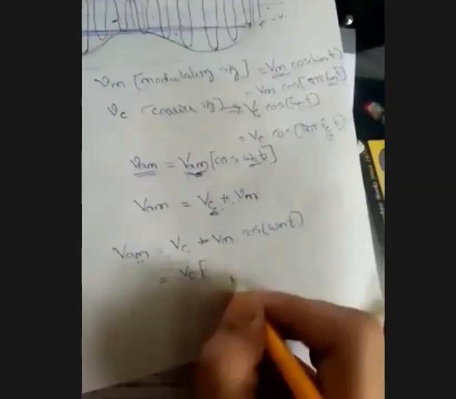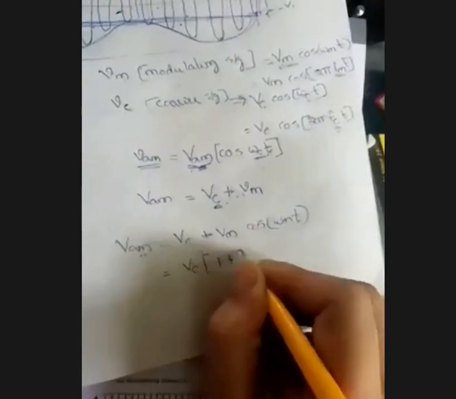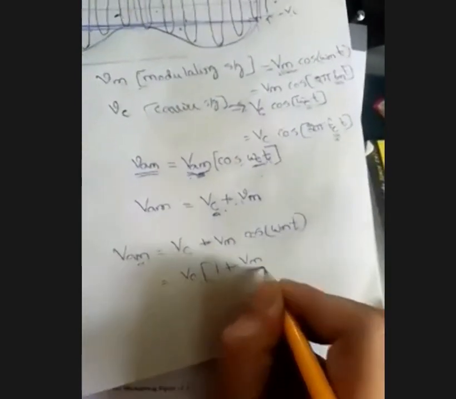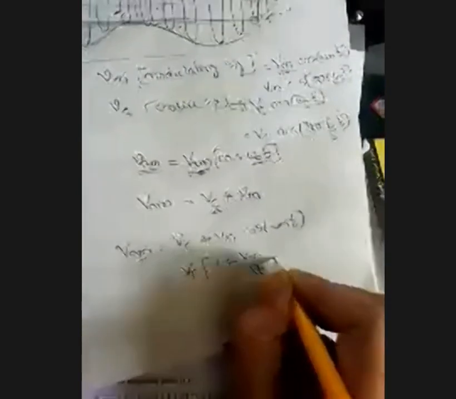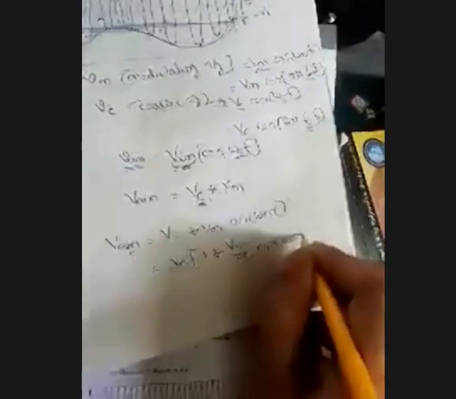VAM is the carrier signal amplitude VC plus message signal VM cos omega mt. In this, take the term VC common: 1 plus VM by VC cos omega mt. Is it okay, ma?